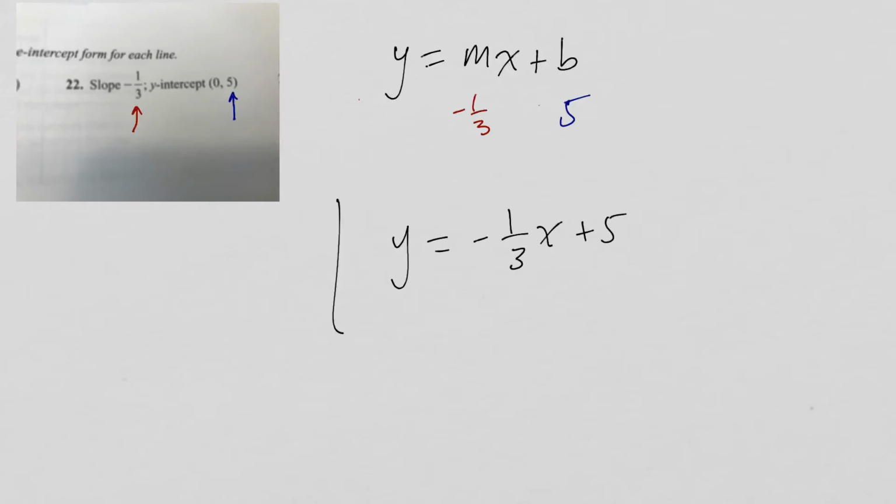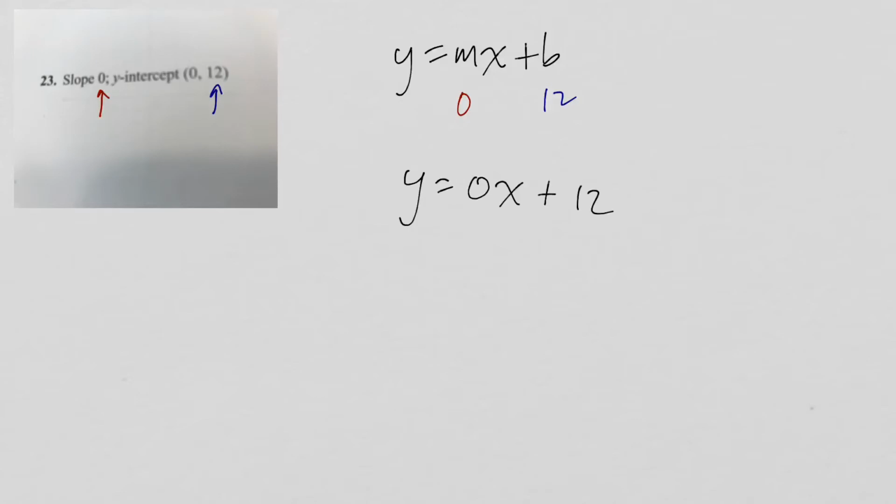Okay, again, y is equal to mx plus b. Our slope is here, so that's -1/3. Our b, our y-intercept, is here, so that's 5. So our equation would be y is equal to -1/3 x plus 5 in slope-intercept.